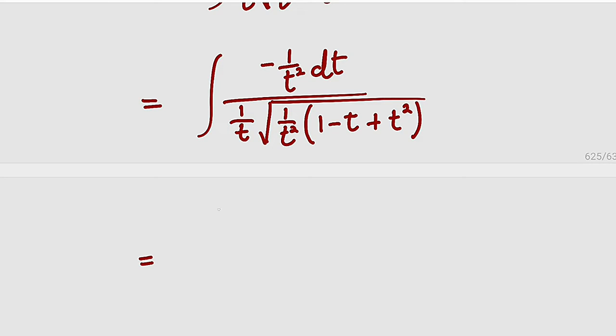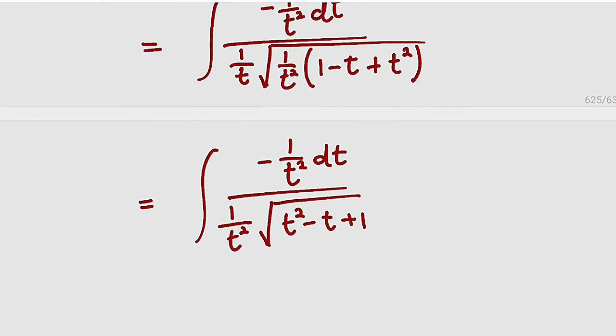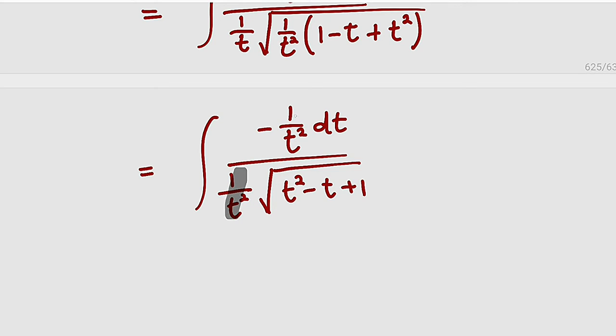So this is equal to the integral of negative 1 divided by t squared dt divided by 1 divided by t squared, right? Multiply by the square root of, I can rearrange it as t squared minus t plus 1. From here, this will cancel this.